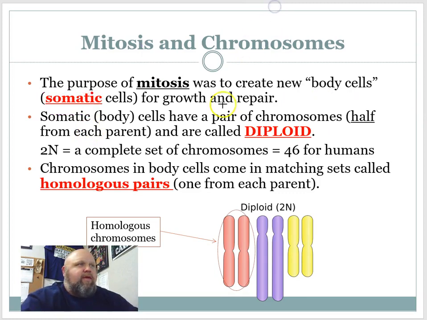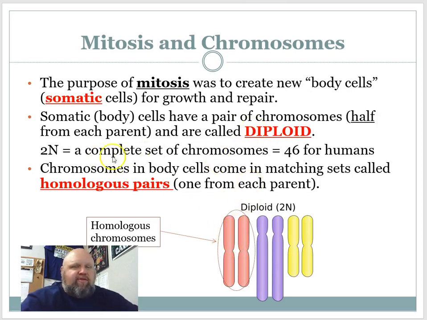Okay? So, somatic cells, they pair up. You have one from each parent. So we have a red here and a red here. One of these is from mom, one of them is from dad. We call that diploid. Di, that prefix di means two, or double, if you think about it that way. We have two of these.